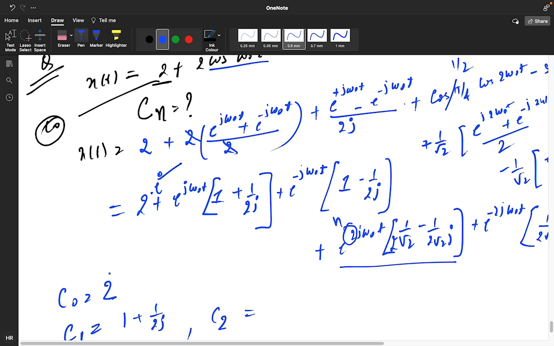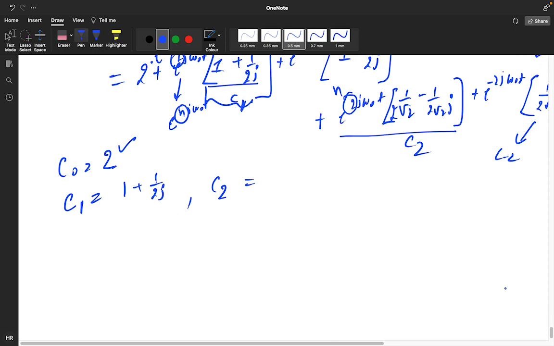So C of 0 is 2, and this part can be written as e power n j omega naught t, and n is 1, so this is your C1. This is minus 1, so this is your C of minus 1. This is your 2, so this is C of 2, and this is your C of minus 2.